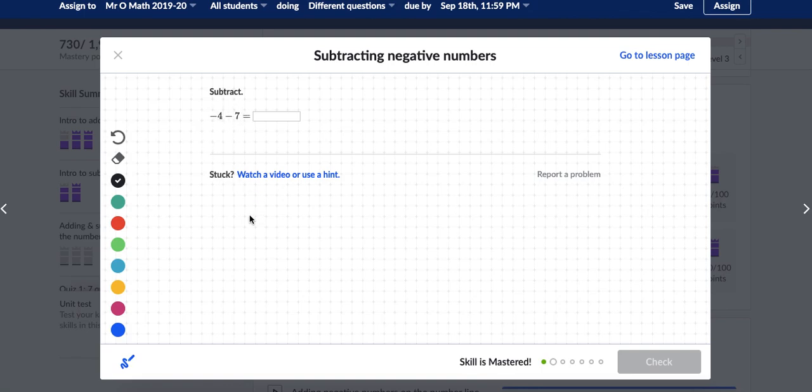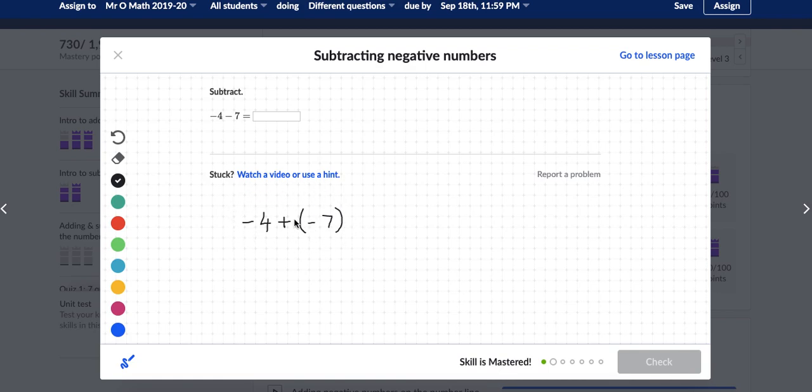Again, we're going to do adding the opposite. So we're going to take negative 4, and we're going to change the sign. This is a positive 7 here, right? So we're going to say plus negative 7, right? And what you've seen here now is we have actually changed this into a plus, right?